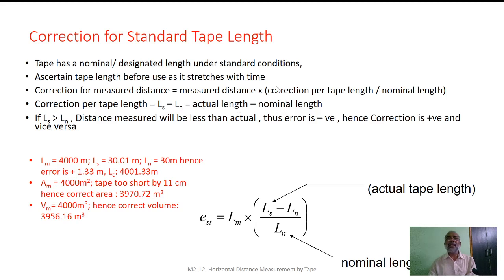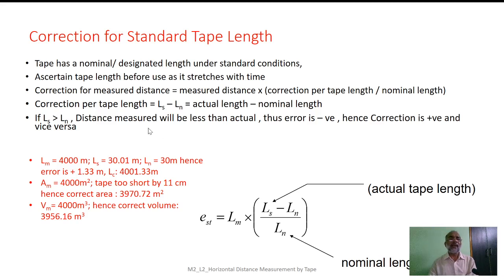The correction per tape length is nothing but the difference between the actual length and its designated or nominal length. If the actual length is more than the nominal length, the distance measured will be less than actual. Thus, the error will be negative and hence the correction is positive, and vice versa.